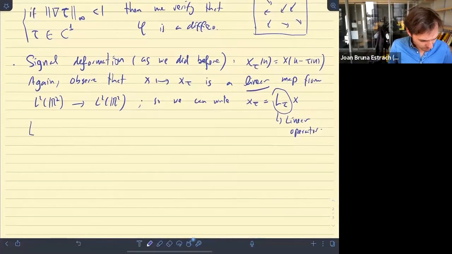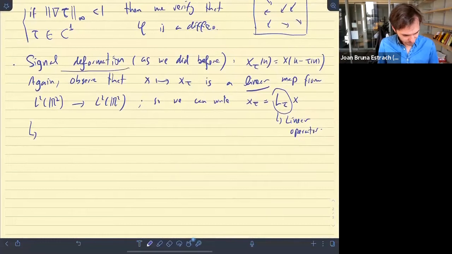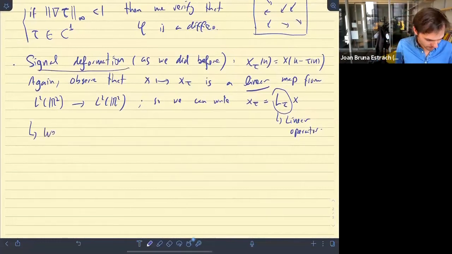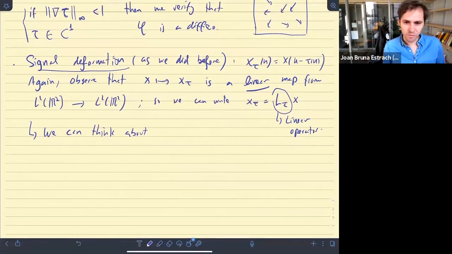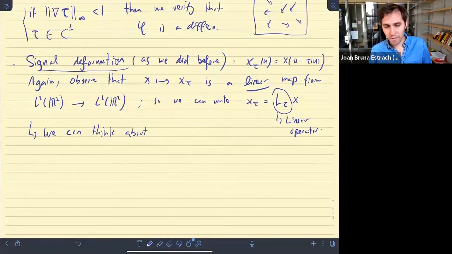And so one way to interpret this signal deformation is that we can think about this model as adding some sort of noise to the image. But this noise is not like the additive noise that you think of, where every pixel value is perturbed by some corruption, as for example when you take a picture with your phone at night and you have all these noisy things on the image. This is a noise, but instead of perturbing the colors, you are perturbing the locations of the pixels.